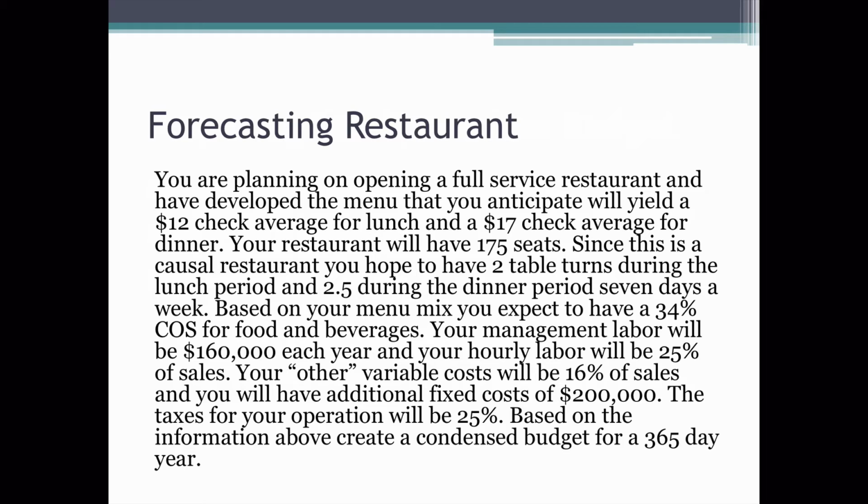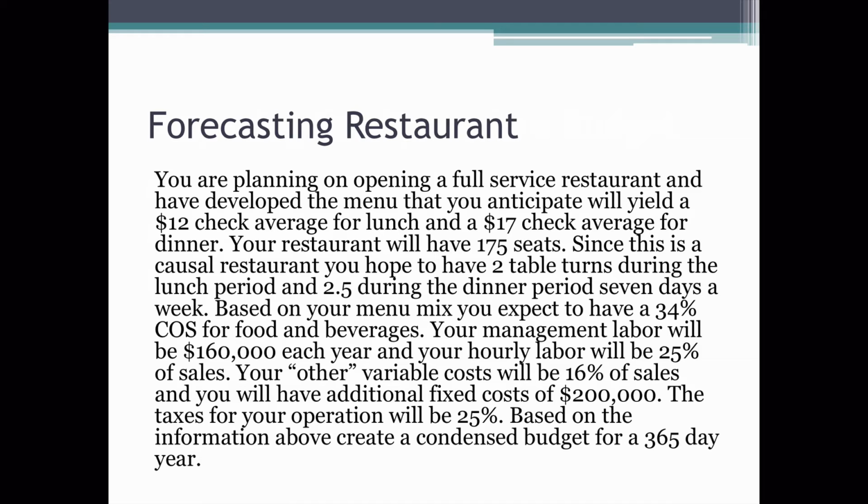We have 175 seats, which doesn't change. For lunch we hope to have 2 table turns, and for dinner 2.5. We're open 7 days a week, so we can use the 365 days in the year. And on our menu mix, we expect to have a 34% cost of sales for food and beverage, which is a variable cost.